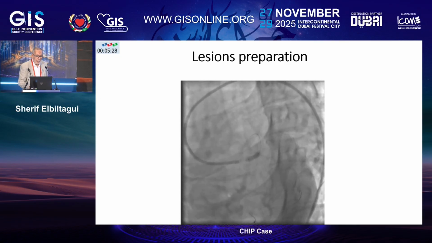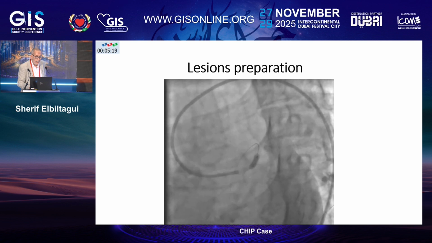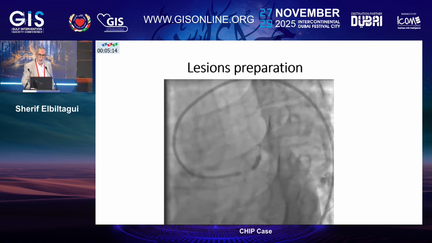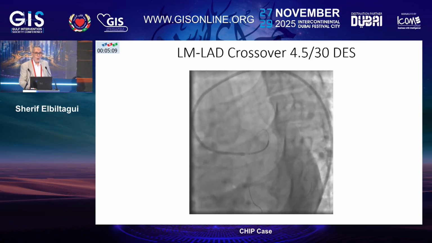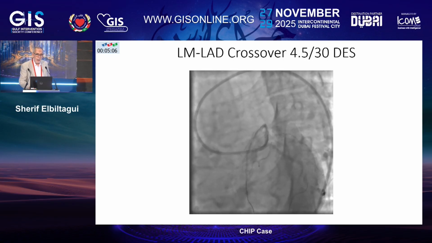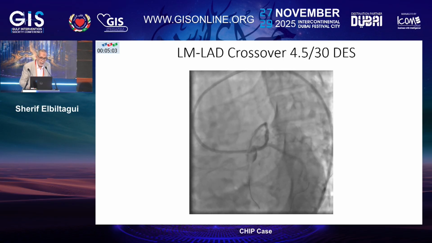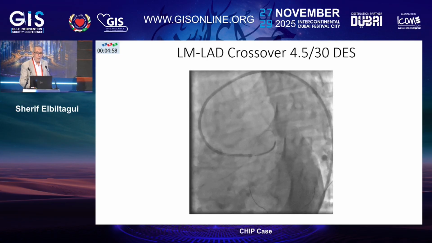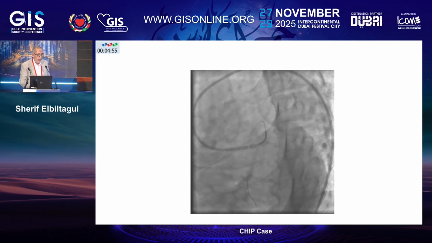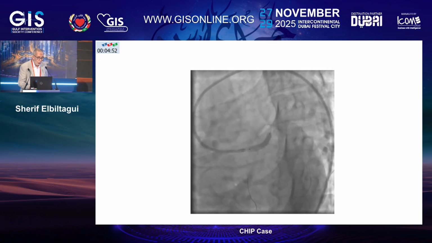Anyway, actually I spent a lot of time in preparation of the LAD and the left main, multiple good preparations with large NC balloons at a high pressure. And then I started with an ostial crossover, ostial left main till the proximal LAD with a large 4.5 by 30 drug-eluting stent, and thanks to the IVUS, which assured me about the size of the proximal LAD.